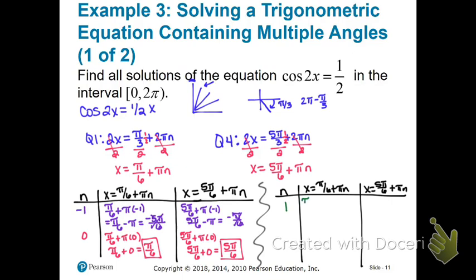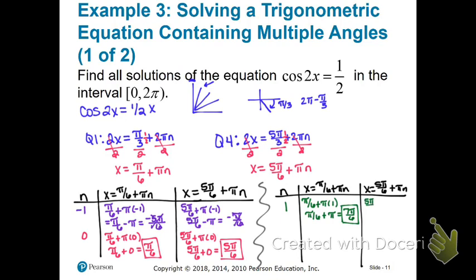So I'm going to plug it in. So pi over 6 plus pi times 1. So pi over 6 plus pi, which is 7 pi over 6. Is that between 0 and 2 pi? Yes. So it's an answer.